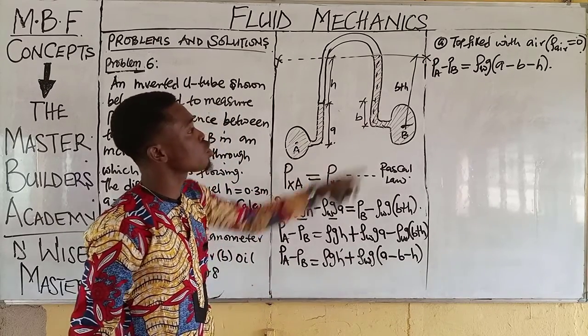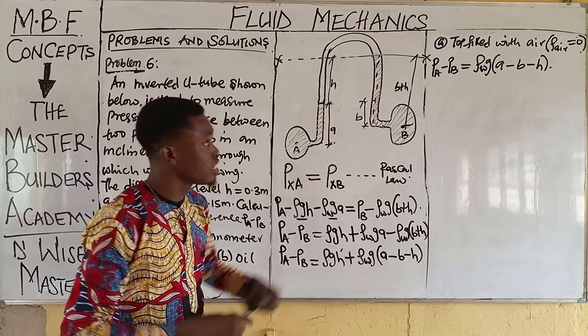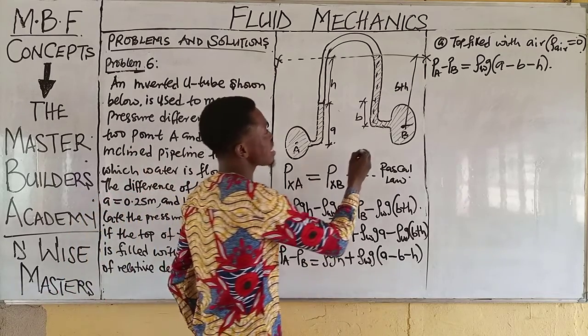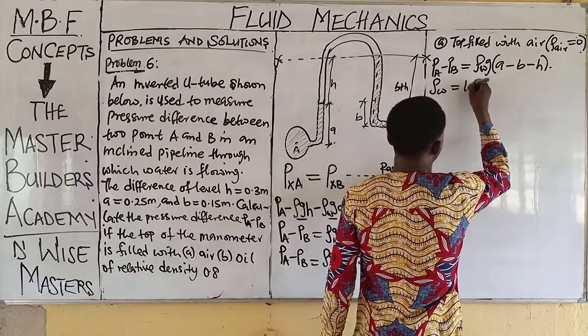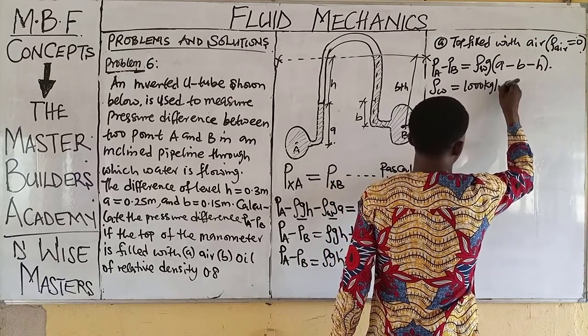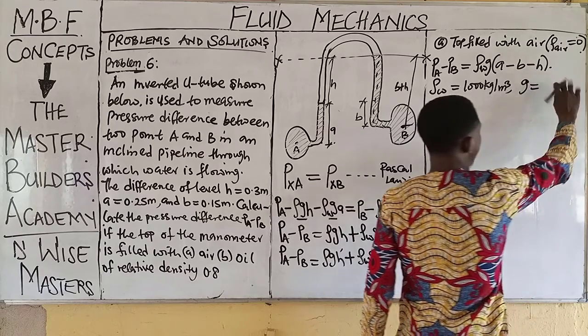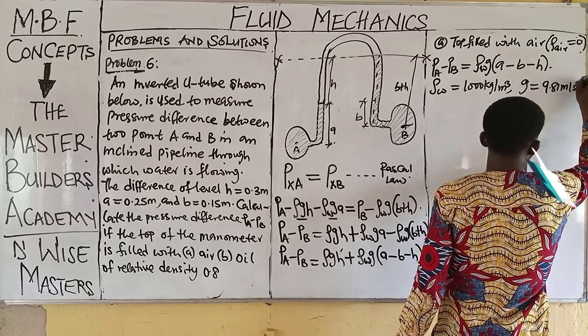Now all we just need to do is to put in the density of water, acceleration due to gravity, and the values of A, B, and H. Now we understand that the density of water is equal to 1000 kilogram per meter cube, and the acceleration due to gravity is 9.81 meter per second squared.